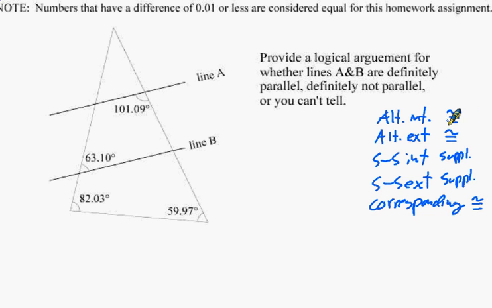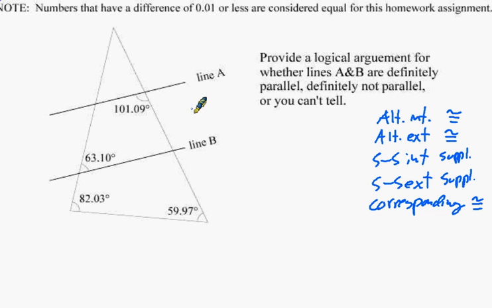So we turn this around and say, well, if alternate interior angles turn out to be congruent, then that implies that the lines must be parallel. This is the logical argument that we can construct.